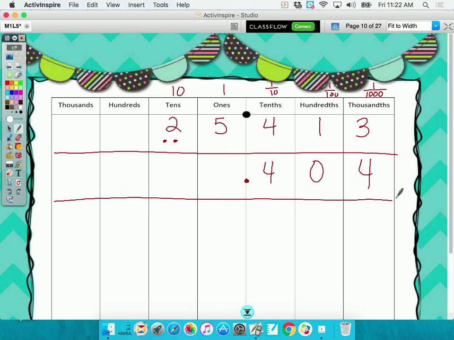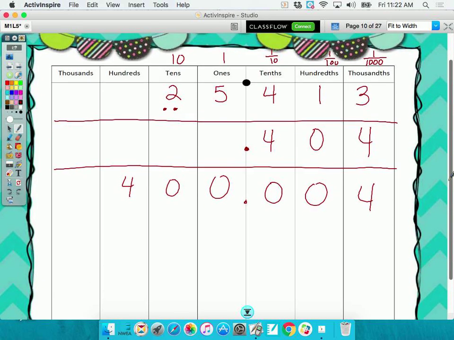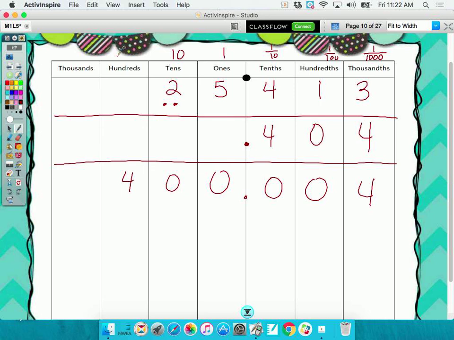Next one. So we've got 400.004. So do I need to fill in a place value up here? Okay, so I'm going to write 2 sets of parentheses, because I don't need anything for all the zeros. So 4 copies of what? 100.